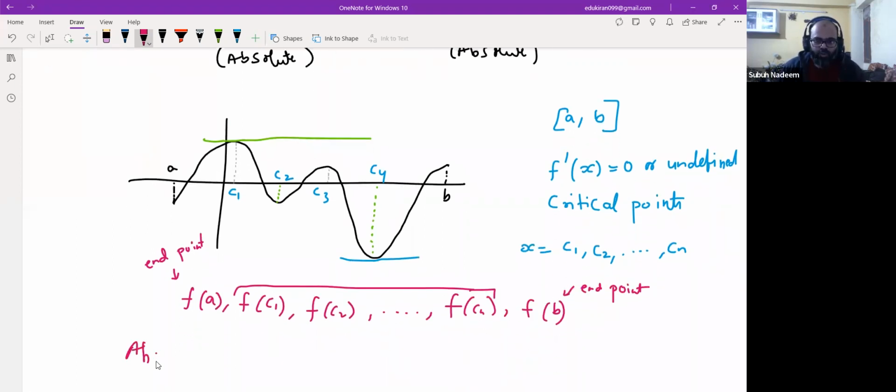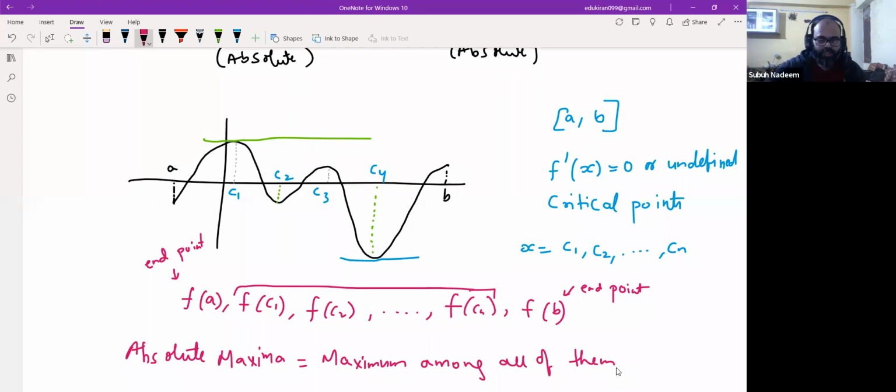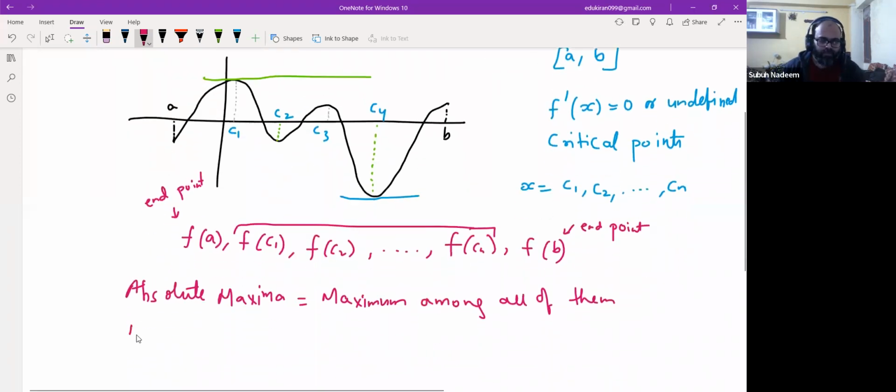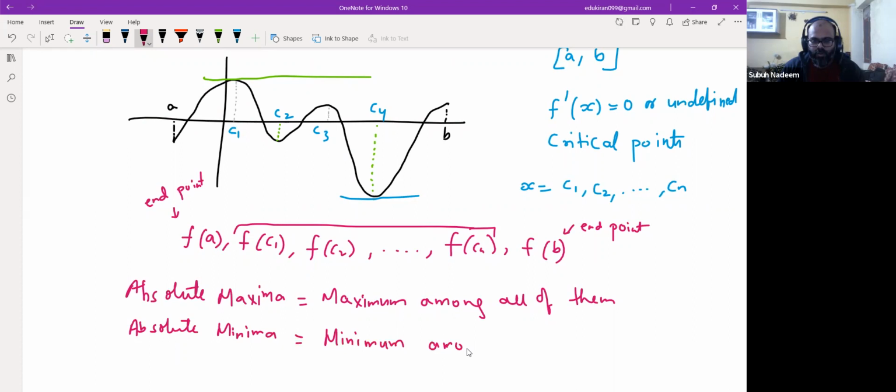That will be called absolute maxima, which is maximum among all of them. Similarly, there is an absolute minima, which is minimum among all of them. So we also see the endpoints.